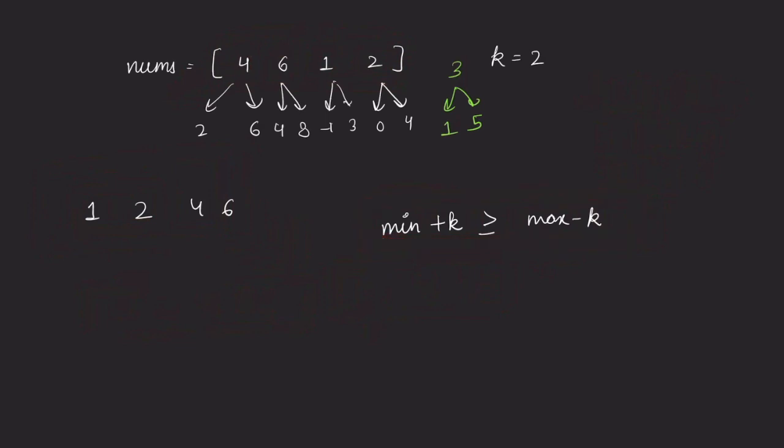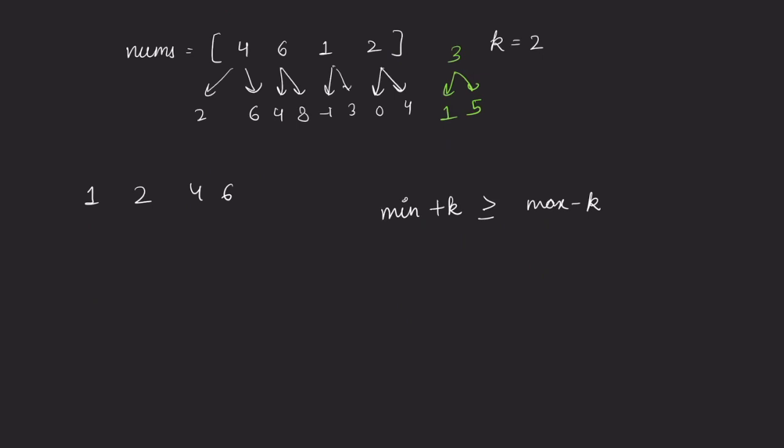But if introducing an element makes min plus k less than max minus k, I will have to shrink my window. At each point, I can store the max length of the window in some variable, and at the end I return that maximum length as my answer, right?